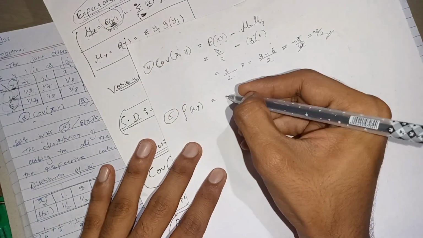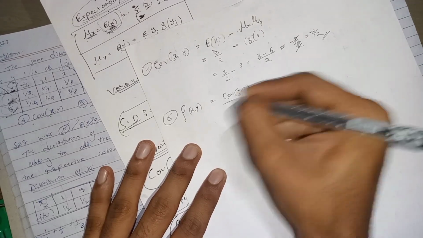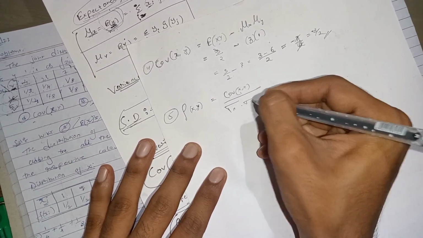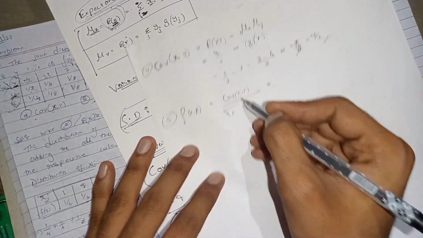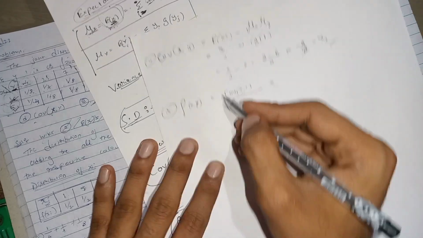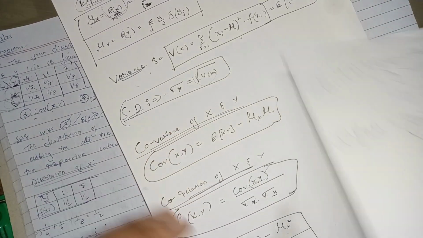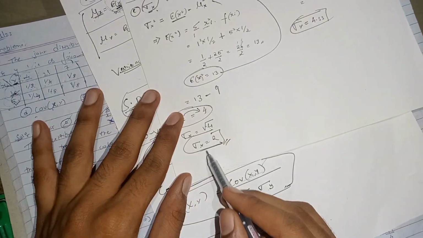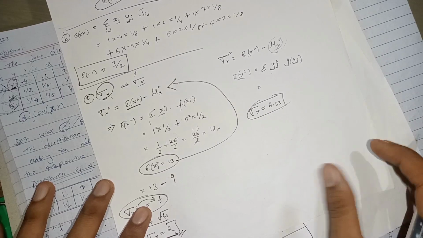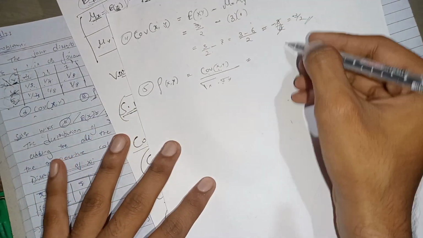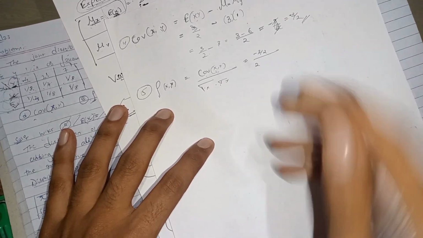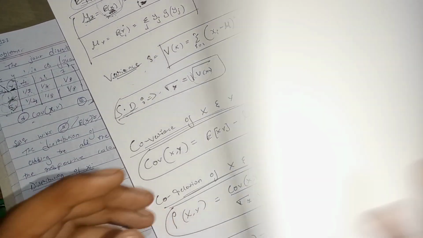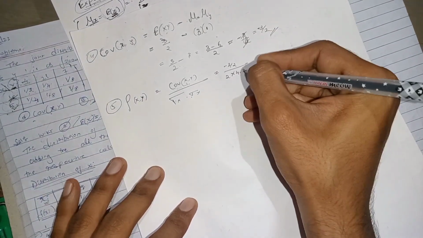We shall do it. First we write our formula: covariance of X comma Y divided by sigma X into sigma Y. Covariance of X and Y we have found, and sigma X and sigma Y we have also already found. Sigma X we got 2, sigma Y we got 4.33. So minus 3 by 2 is the covariance, sigma X is 2 and sigma Y is 4.33.